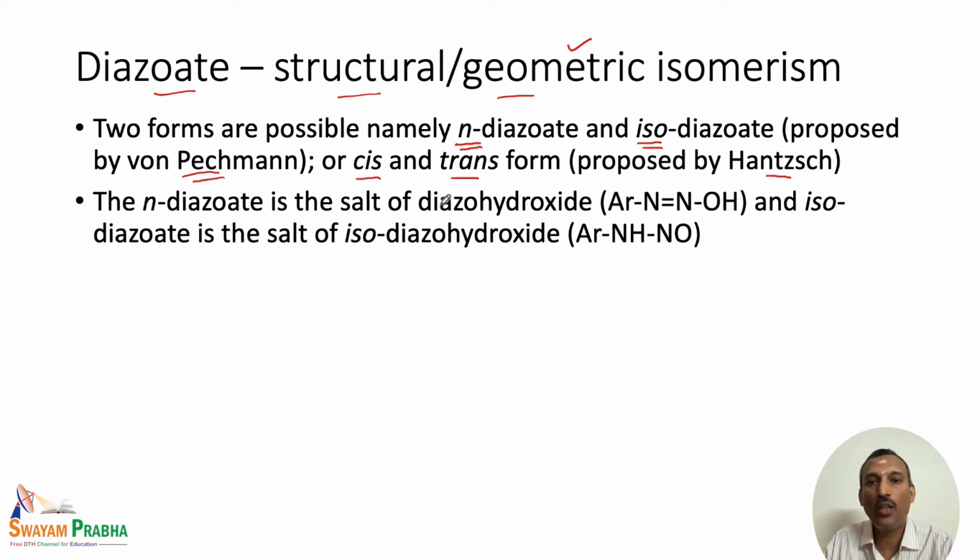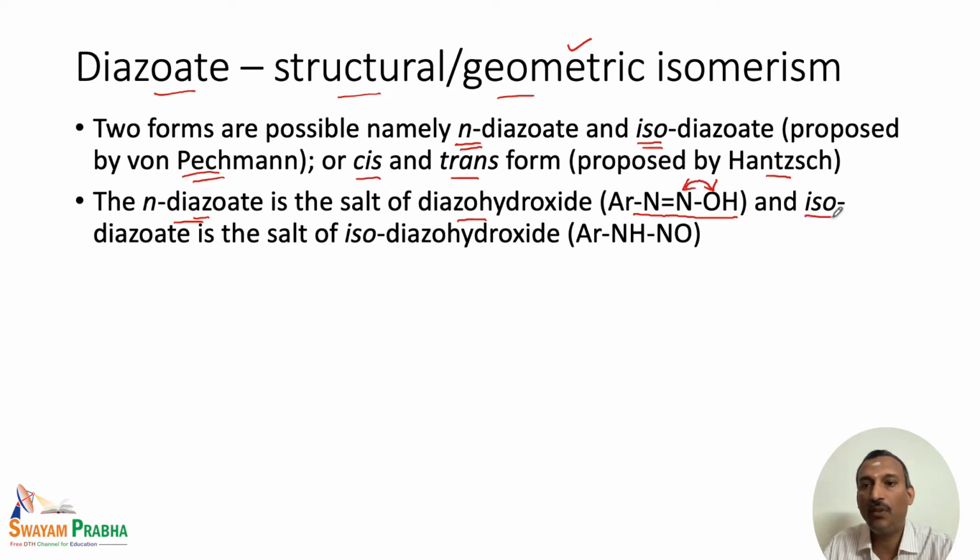So, how do they show there are different types of structure? The N-diazotate is the salt of diazo hydroxide. This is the diazo hydroxide structure, where there is a nitrogen-oxygen bond formed in this particular system.